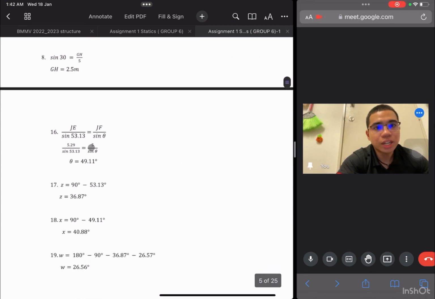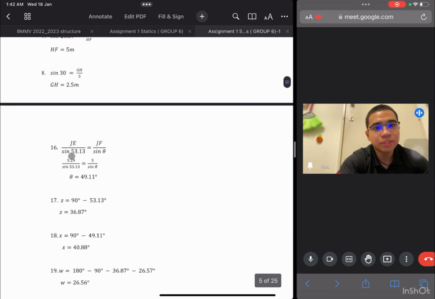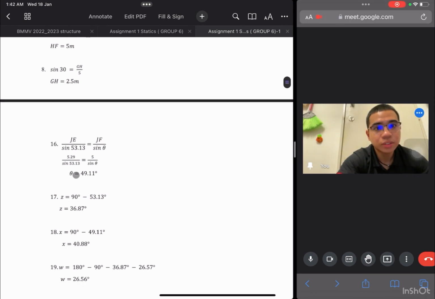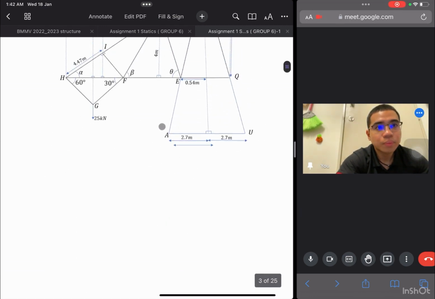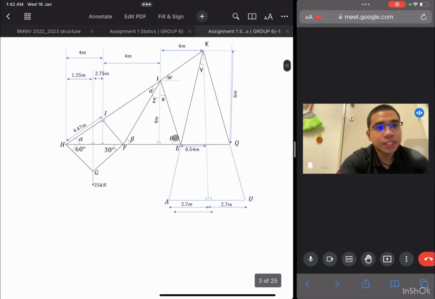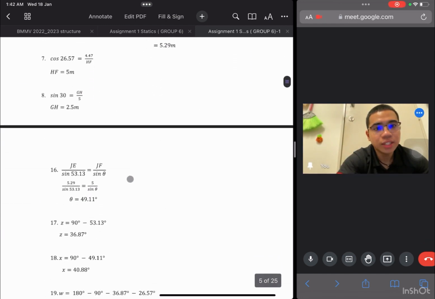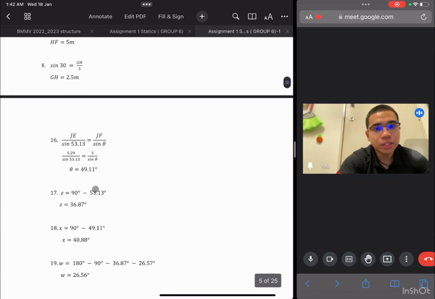And I proceed with step number 16, where I still use the formula of trigo to find the theta. Theta is here. So we already have the angle here and the length, and the angle here and the length. So we can find the theta. So theta we get 49.11.